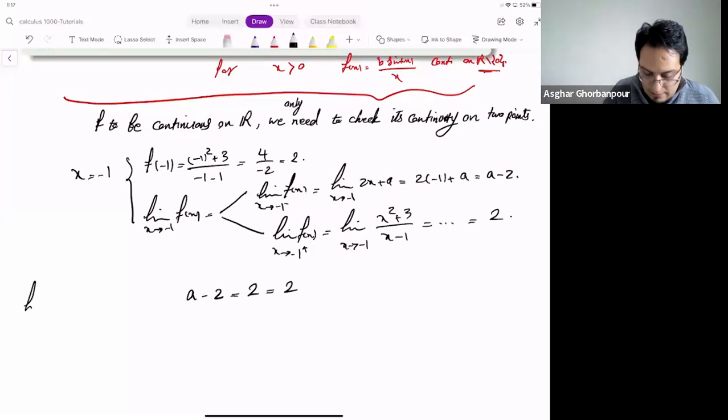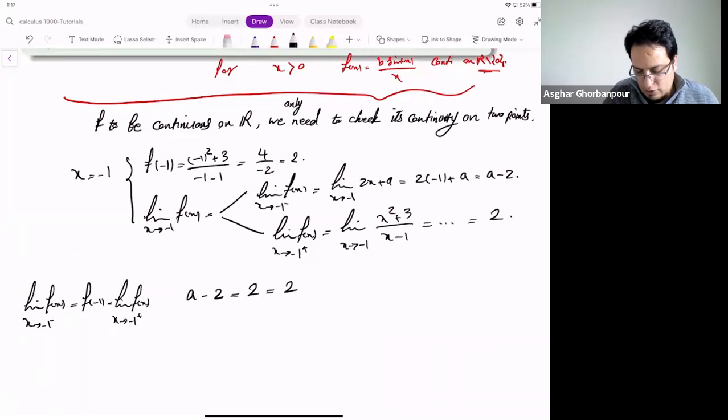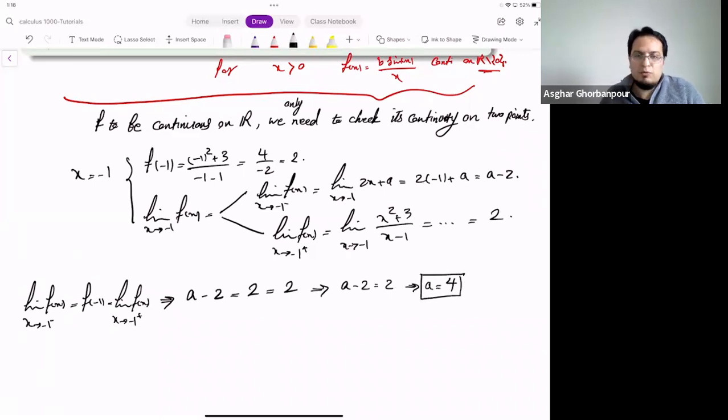So the limit as x goes to -1 from the left must equal the value of the function at -1 and the limit from the right. That equality is nothing but a minus 2 equals 2, which is an equation for a, and it gives me that a must be equal to 4.